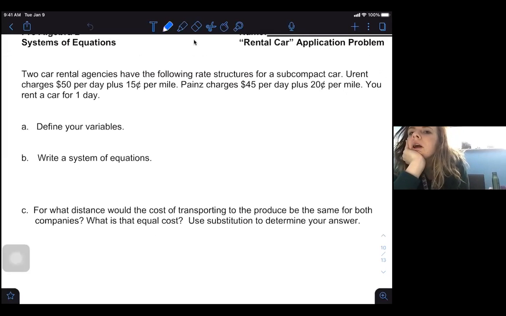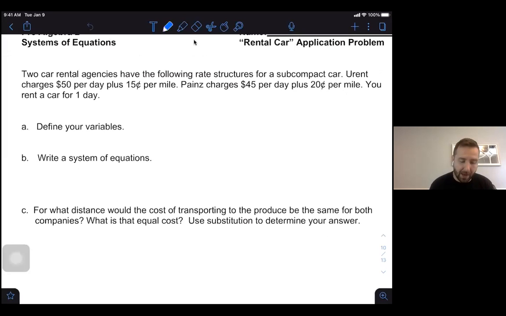Would it be miles and days? So miles is absolutely right, because how many miles you drive determines the price. So X is going to be our miles. And then our Y is going to be the cost.